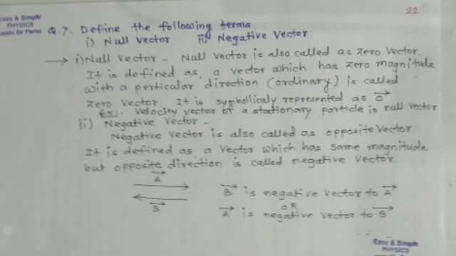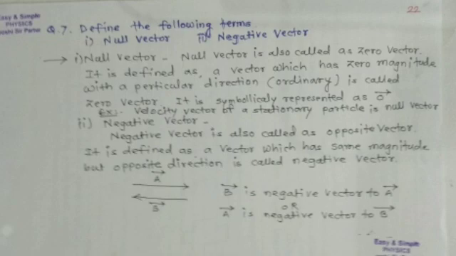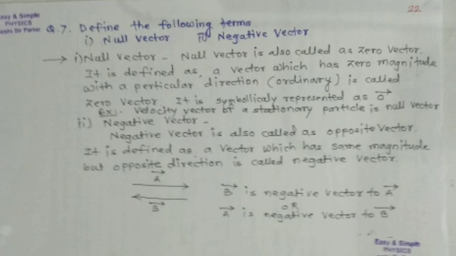Question number 7. Define the following terms. First, null vector. Second, negative vector. Answer: null vector is called a zero vector.